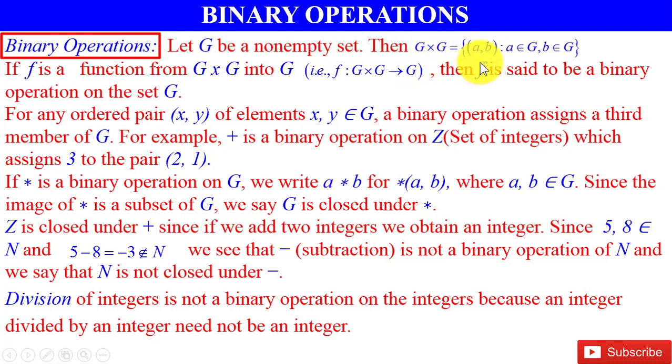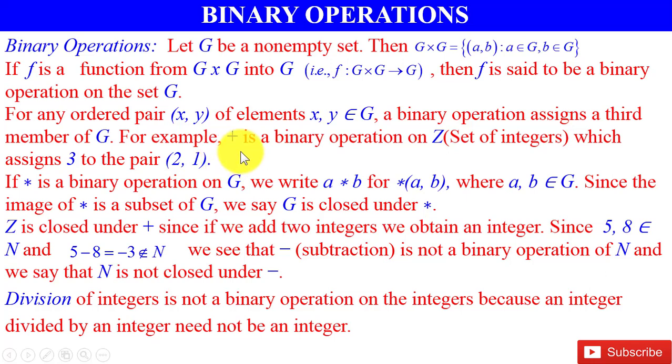Then G cross G is the collection of ordered pairs (a, b) such that a belongs to G, b belongs to G. If f is a function from G cross G into G, then f is said to be a binary operation on the set G. For any ordered pair (x, y) of elements x, y belonging to G, a binary operation assigns a third member of G.